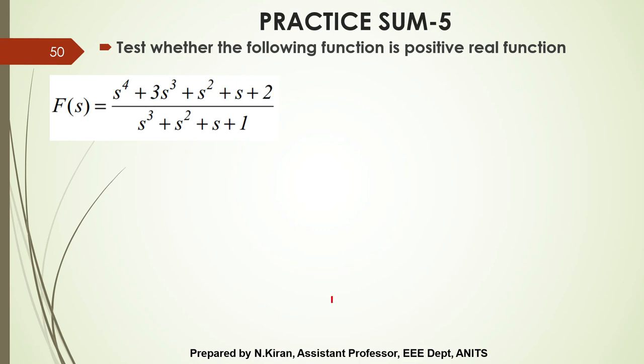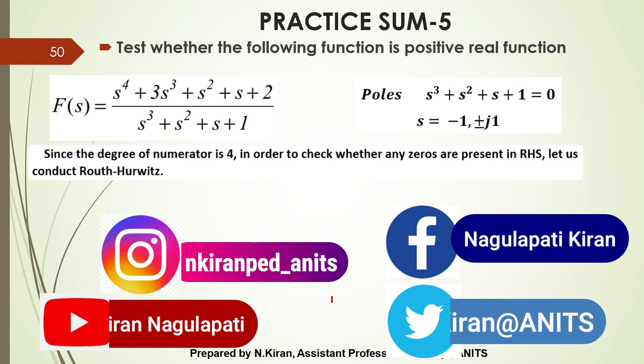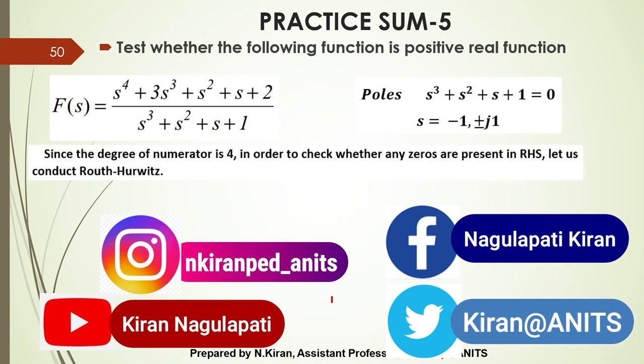So here I have s power 4 plus 3s cube plus s square plus s plus 2. Okay. Since it is a bit difficult to find the roots if the highest degree is greater than 3. So if it is s square or s cube, by means of a calculator we can find the roots, isn't it? So here the degree of the numerator is 4.